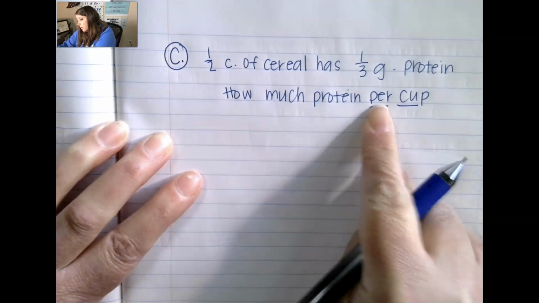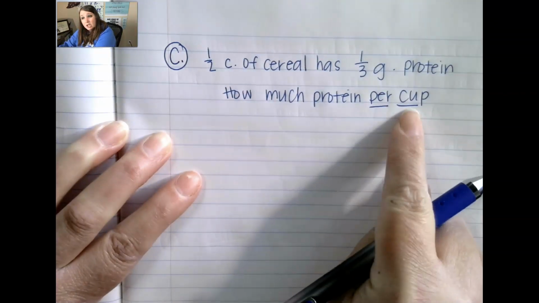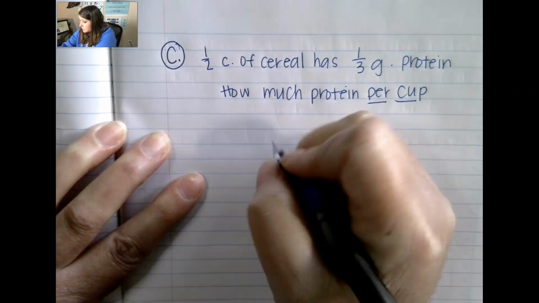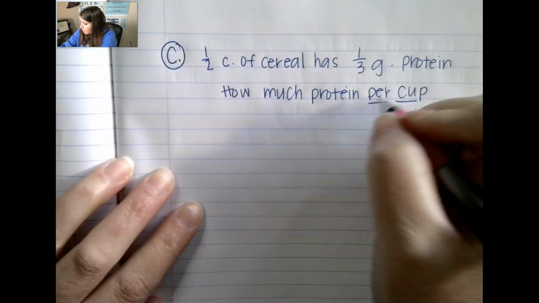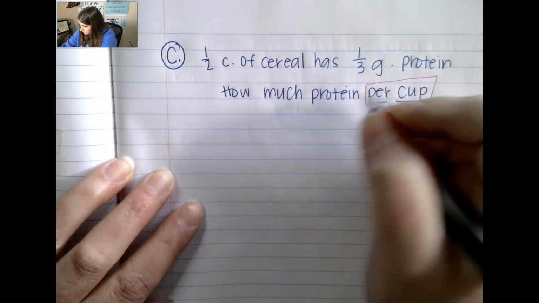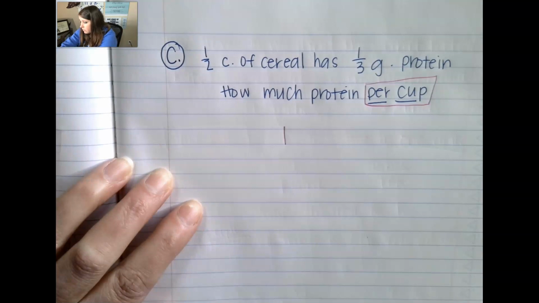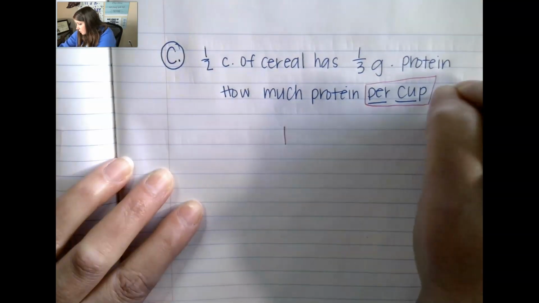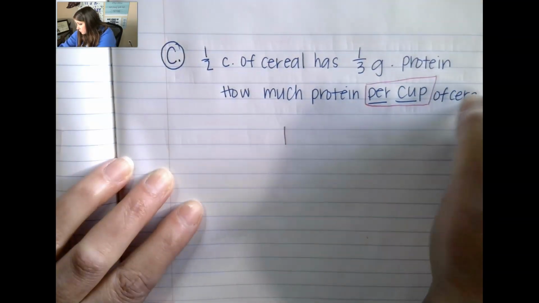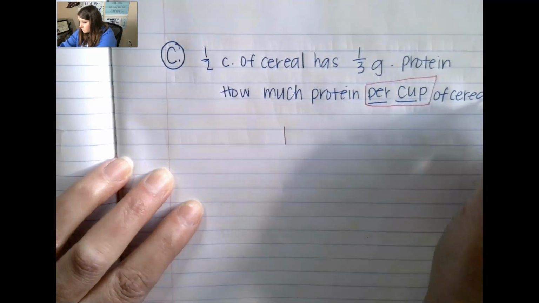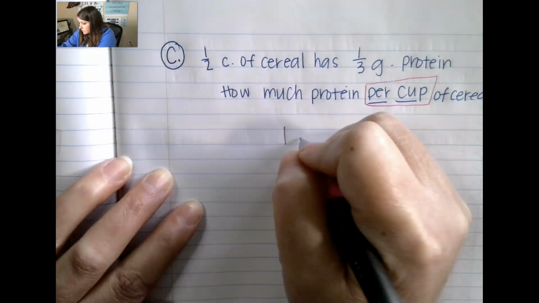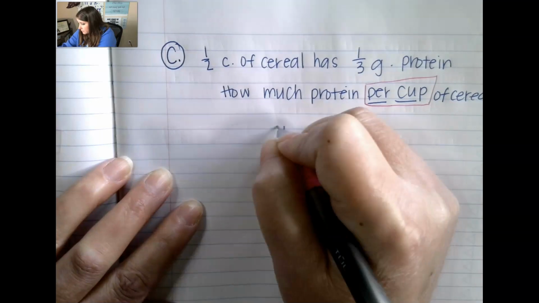So when it says per cup, that means that we're looking at just 1 cup. So we're going to put 1 cup on the bottom. Oh, I forgot to write of cereal. So 1 cup of cereal goes on the bottom.